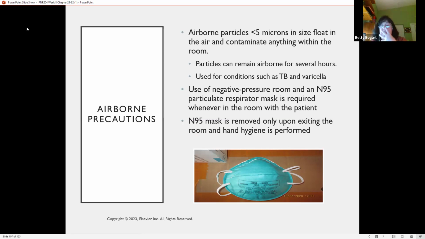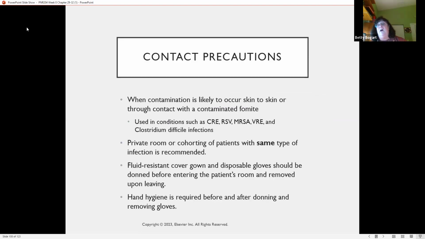We do put those N95 masks on. That negative pressure room takes the air from the room, goes outside through a filter, and doesn't come back in, because things like pertussis, TB, varicella, if you put it back into the system, other people in the hospital, other children will get it.